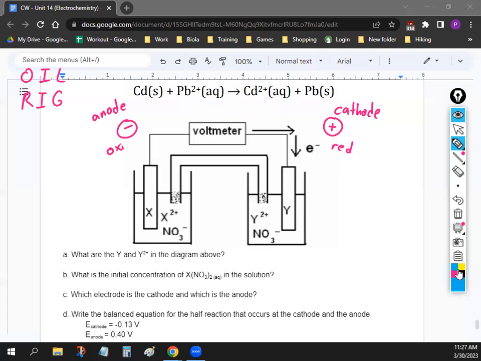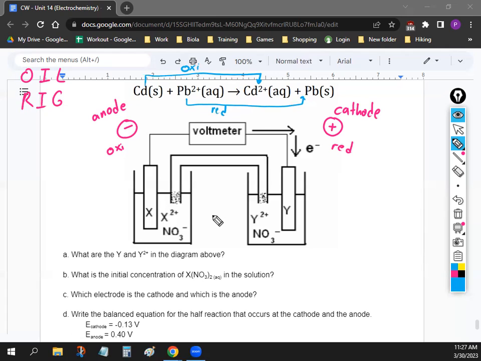Let's look at Cd, cadmium, first. It starts as a solid and turns into an ion. So is it gaining or losing electrons? It is losing electrons, which means it is oxidized.